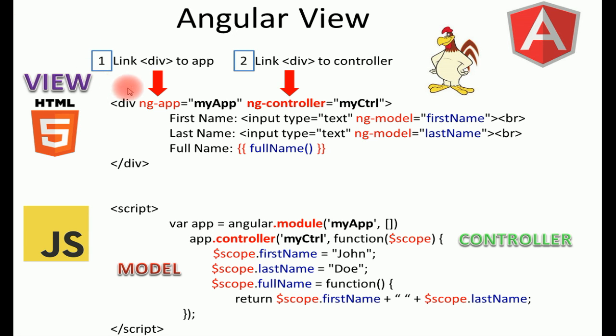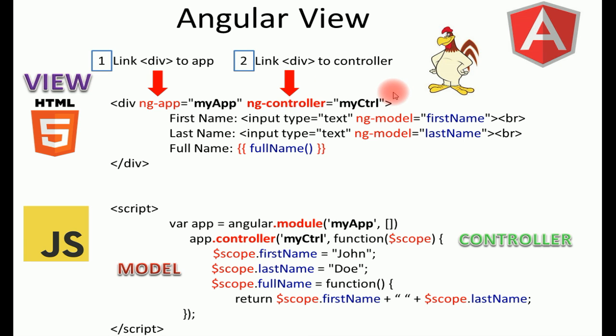One, we declare this div as an Angular application using the ng-app directive and tell it to look for the Angular application named MyApp. Two, using the ng-controller directive, we declare the same div to link with the controller named myCTRL.